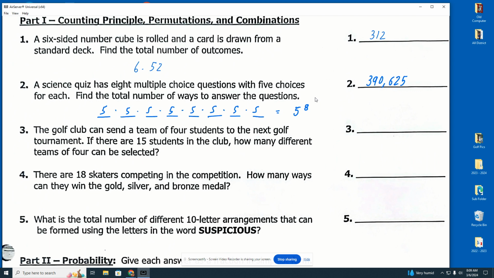So the only question you have to answer is, is order important here? Are you organizing these players? Does the question say you're organizing the players into positions? No, it's just saying, hey, what's the different number of outcomes that you could pick 15 players in 4 ways? So you're using a combination.